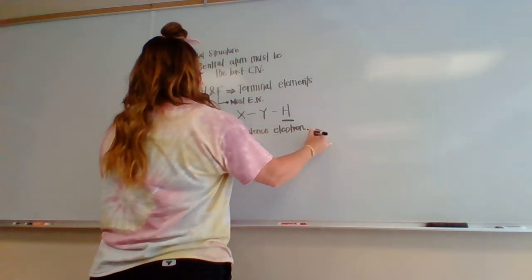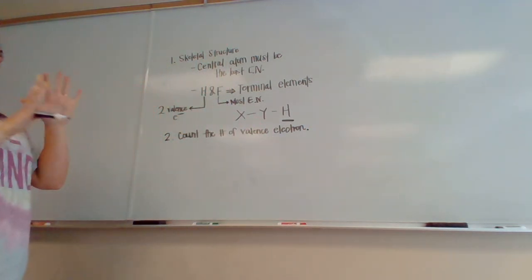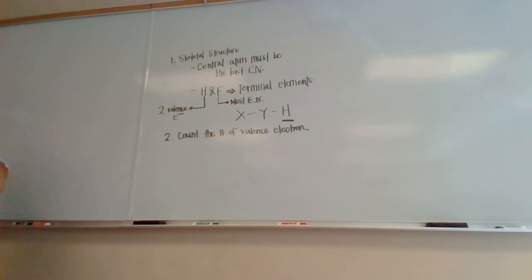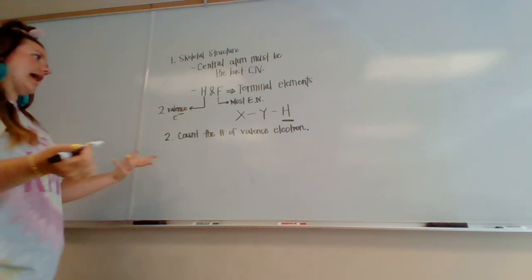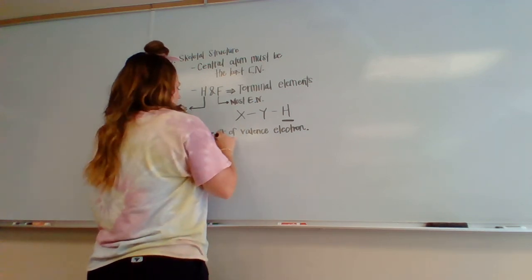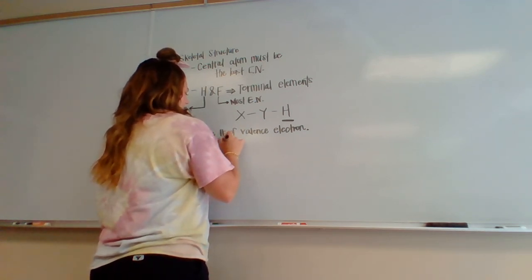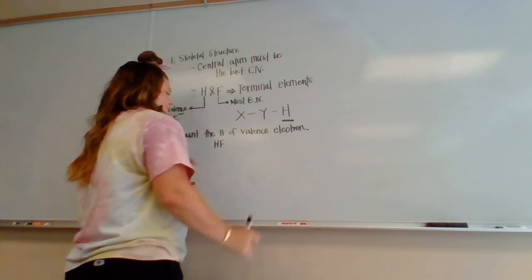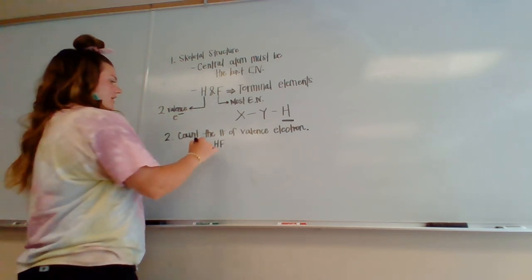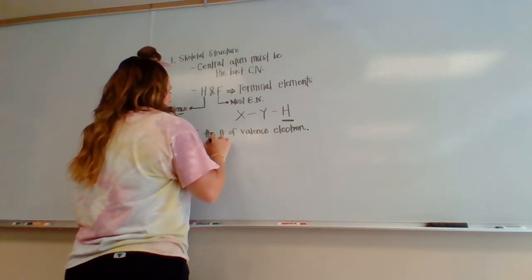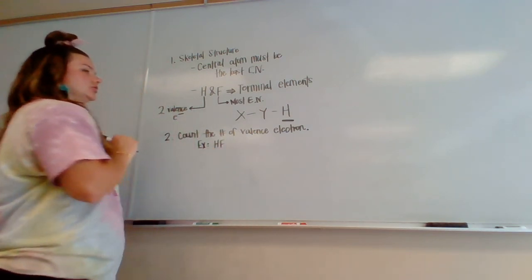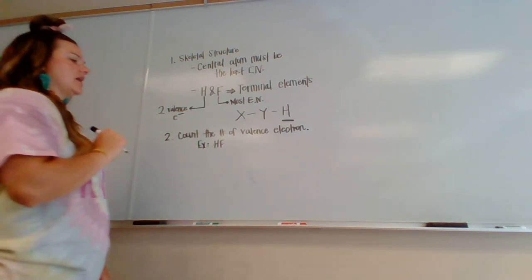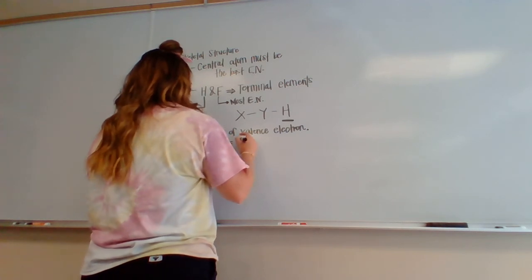All right, step 2. Once you've got your skeletal structure drawn out, you're going to count the number of valence electrons coming from every atom in the molecule. So say I had HF. If I want to count the total number of valence electrons between these 2 atoms, how many does hydrogen have? 1.